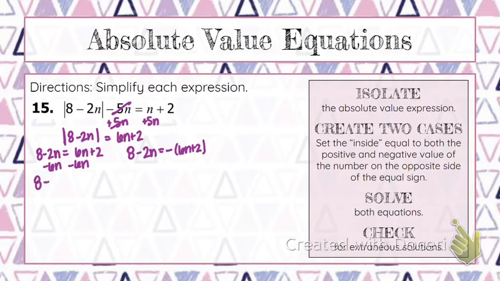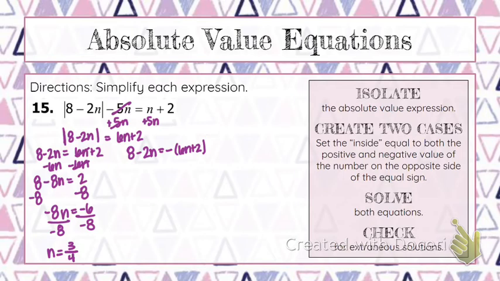That gives us 8 minus 8n equals 2. And then subtract 8 from both sides. Negative 8n equals negative 6. And then divide both sides by negative 8. And n equals positive 3/4.